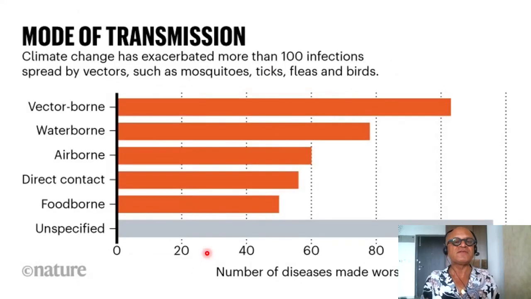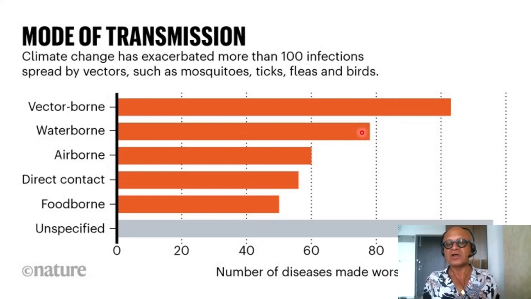So what are the modes of transmission that change? Climate change has exacerbated more than 100 infections spread by vectors such as mosquitoes, ticks, fleas, and birds, right? So again, habitat destruction associated with direct greenhouse gas forcing or indirect human forcing, or temperature and precipitation impacts, etc., can affect life cycles of all these things and their vectors. So vector-borne diseases, number of diseases made worse is more than 100.